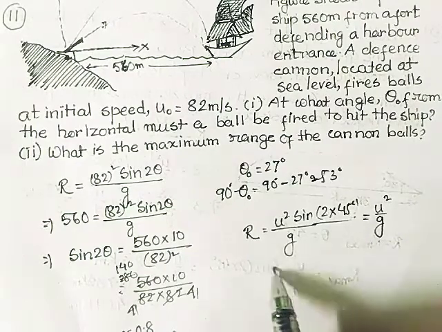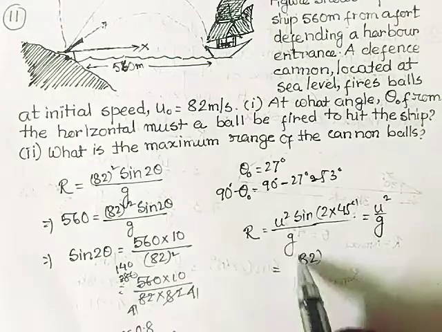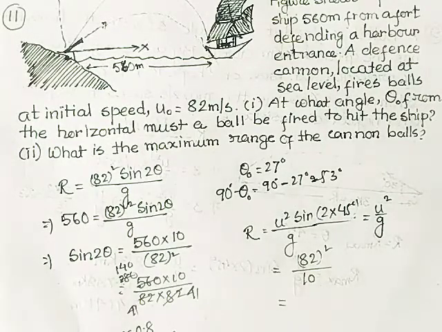So what is u? The value of u, that is the initial velocity, is 82, squared, divided by 10. Here I am telling you a shortcut trick for calculating the square.